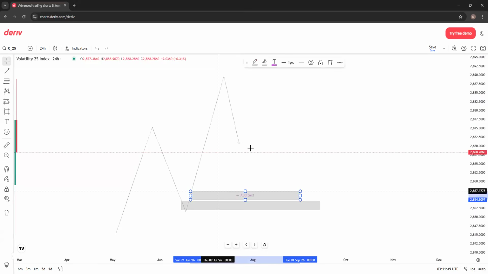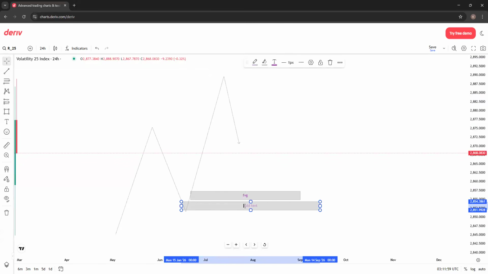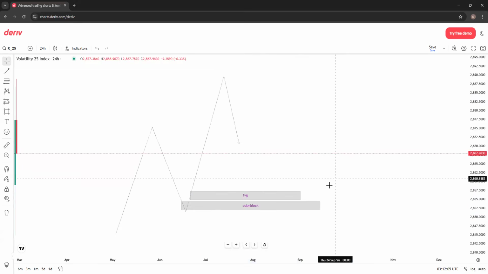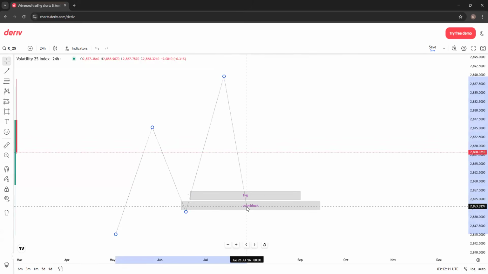So let's type in here that we have a gap or an FVG in here, and this box here is going to be an order block. Someone might ask, is my price just going to come and target my fair value gap, or is it going to just target my order block?